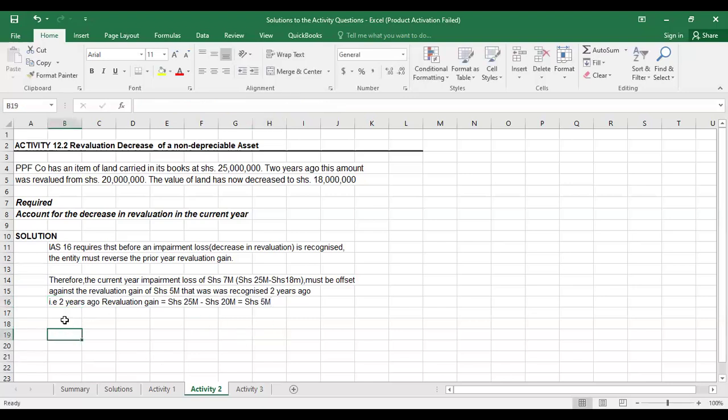So this is how we are going to recognize it. Therefore, the accounting entries will be as follows.